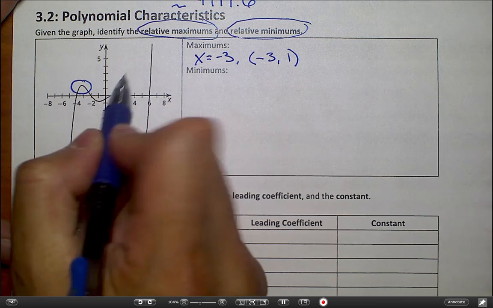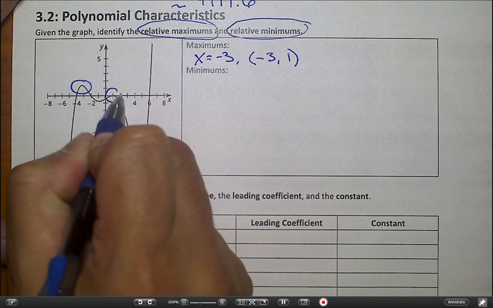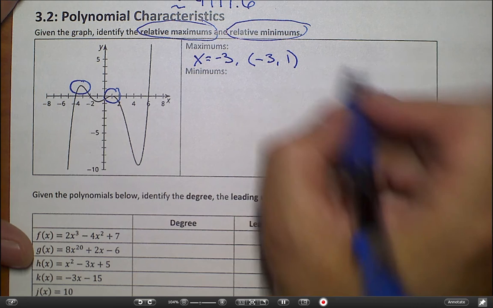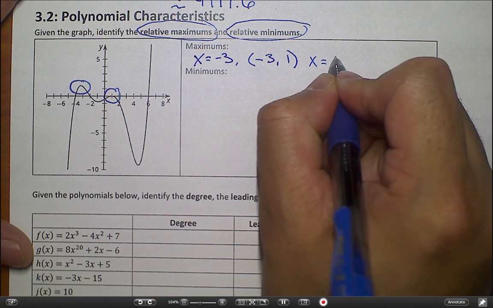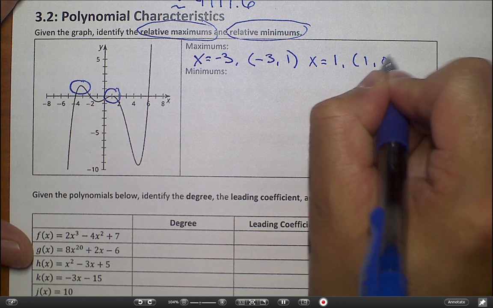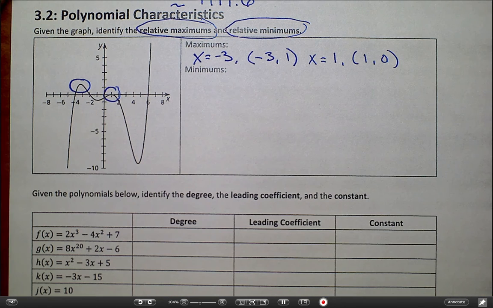Okay, so right here's another one. It's going down and back up to this point right here. So x is positive 1, and my coordinate would be 1, comma 0. So this one is another peak right here. That's going to be another peak.